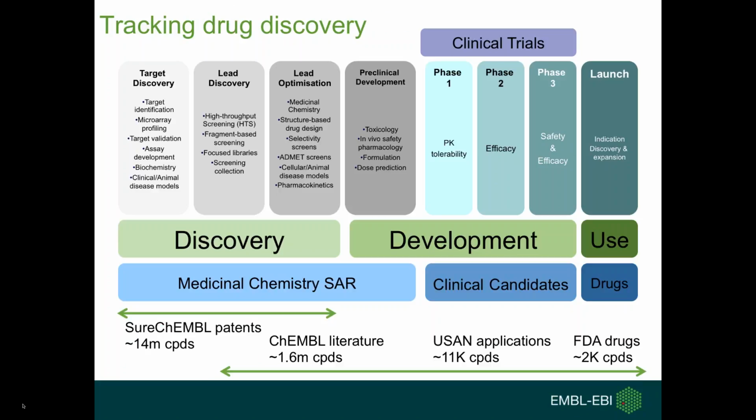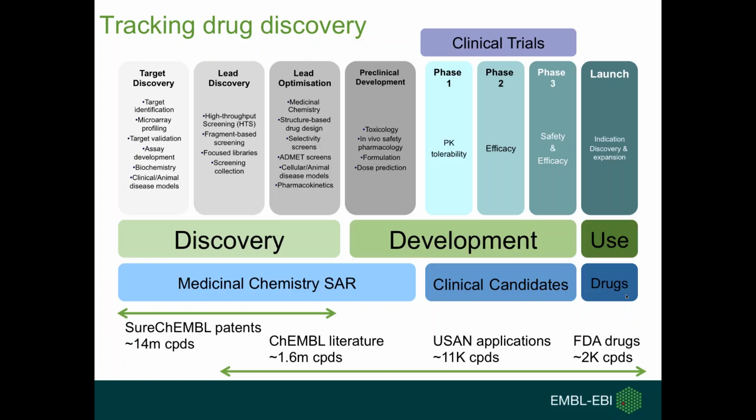So we try to track the whole drug discovery process through from very early target discovery through lead optimization, clinical stages, hopefully to final approval of drugs. The medicinal chemistry literature tracks the early phases of drug discovery, and then we also collate information about clinical candidates and approved drugs, and that can span the development phases.